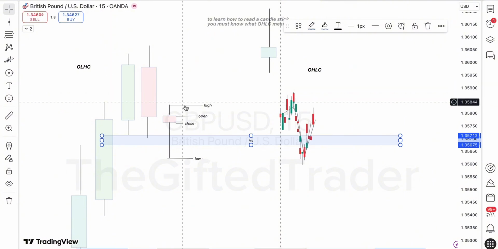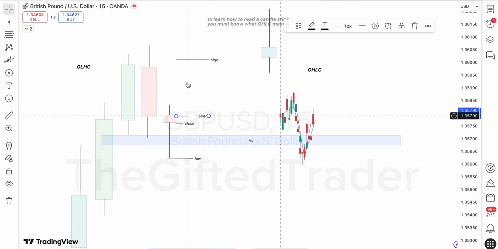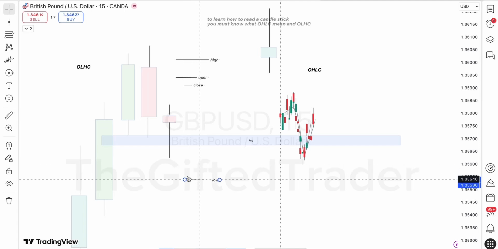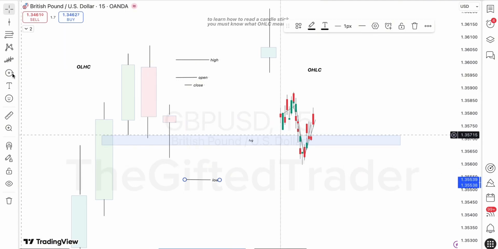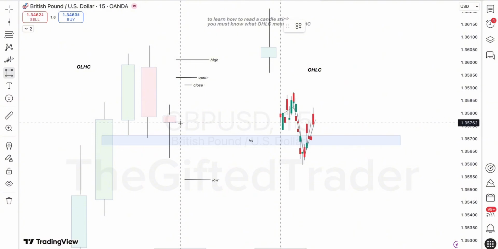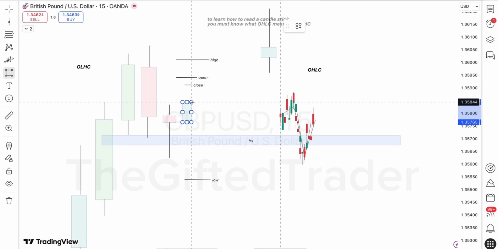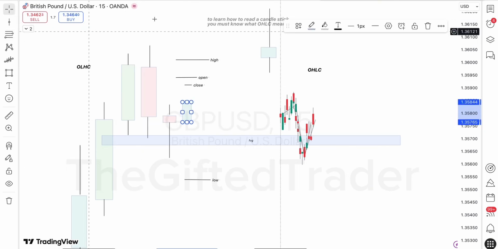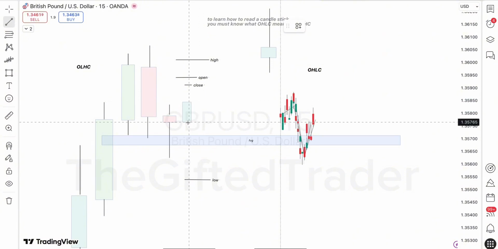Let's say now the next candlestick is about to open. Remember, the open is the previous close. Let's say it bought. The next candlestick is about to open and price did this.